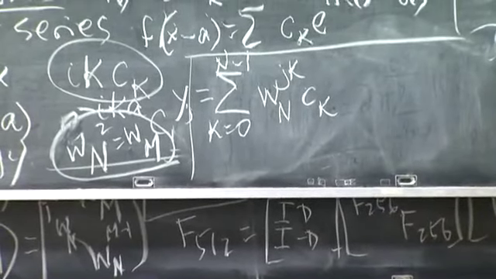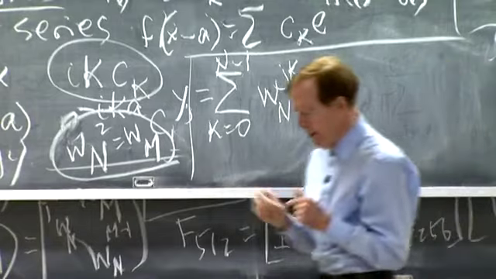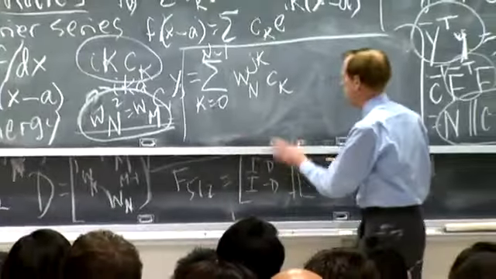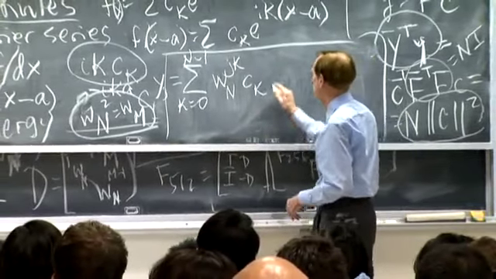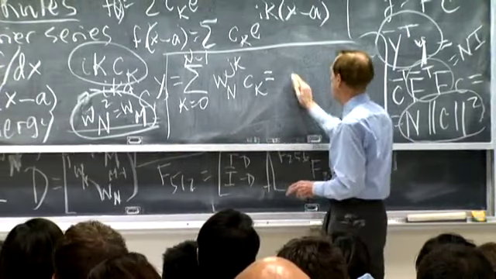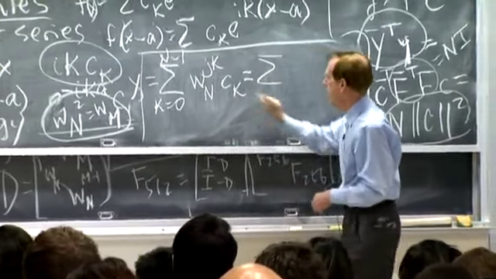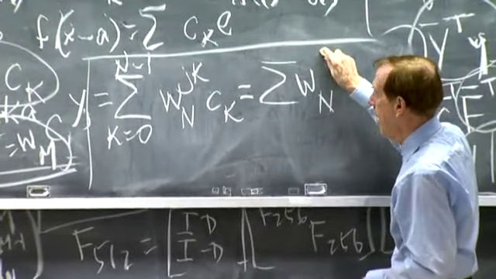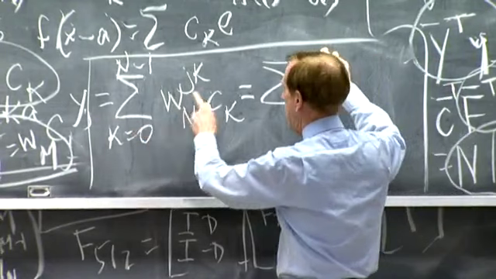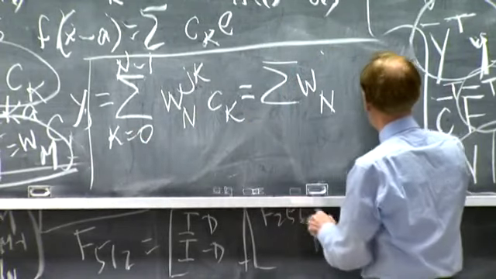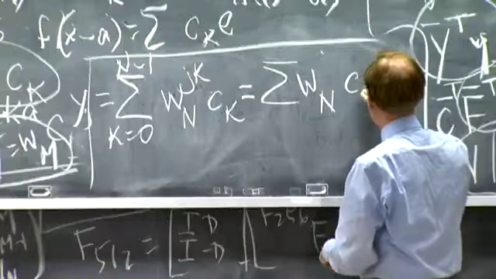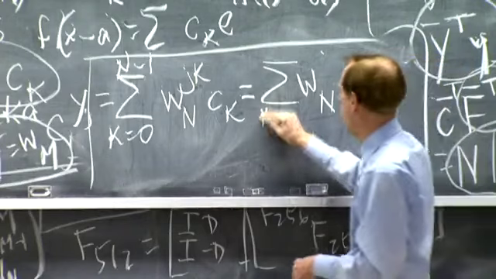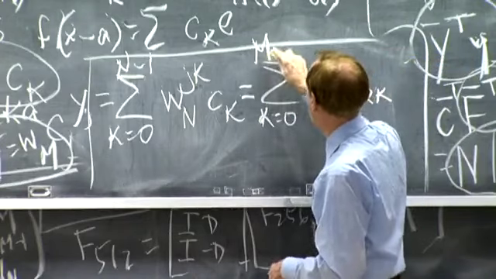So now comes what? What's the key idea? Key idea is split into even and odd, and then use this. So split into the even ones and the odd ones. I write this as 2 separate sums, a sum for the even ones, wn to the j, now the even ck, so I'm going to multiply by c2k. These are the ones with even, and the sum is only going to go from 0 to m minus 1, right?